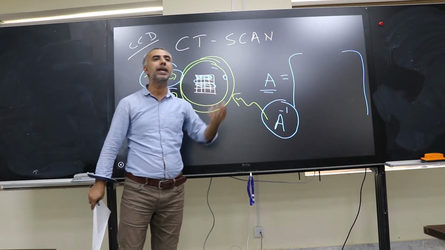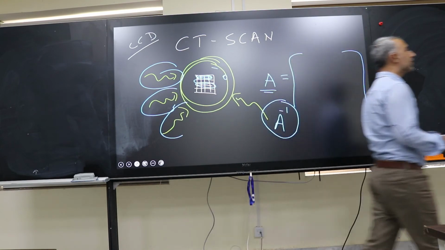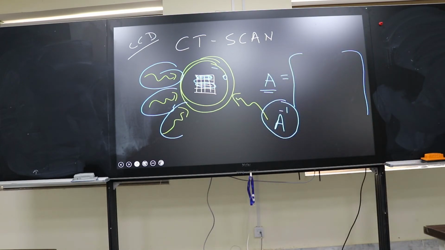Yes, sir. In application, you need to determine A inverse for a purpose: you need an image. Is it really difficult? No, it's not difficult. Let me give you one more example of it.